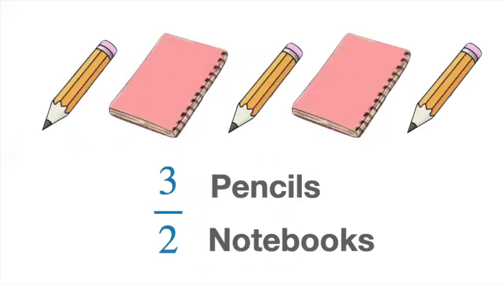If you notice, we can write it as a fraction as well as 3 over 2, but we are not having 3 over 2 as just one number. The numerator 3 refers to the number of pencils and the denominator 2 refers to the number of notebooks.